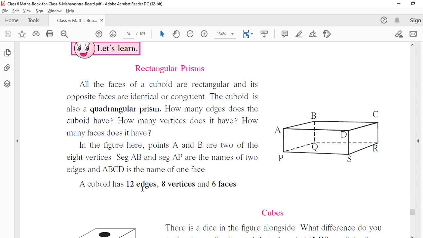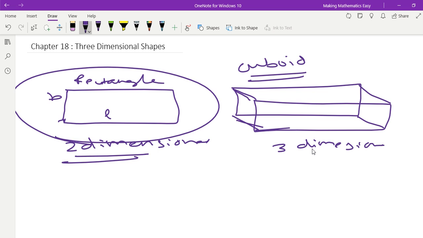These three are very important. Now what are edges? This is your first edge, correct? This is your second edge, basically your corner. Then this is your third edge, and this is your fourth edge.